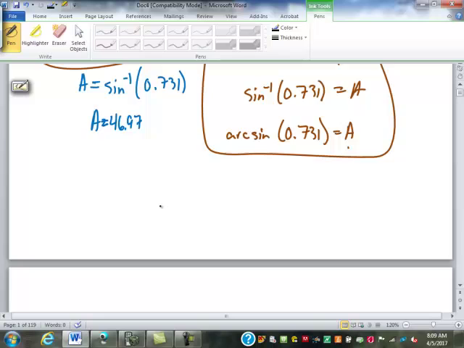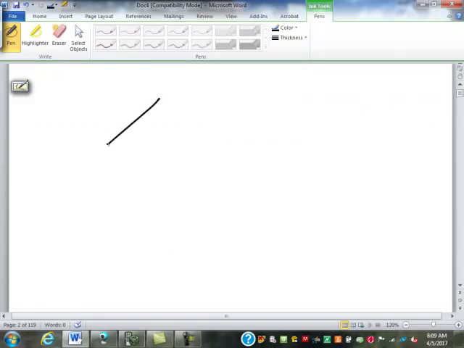From a triangle, I give you angles A, B, and C, and I give you sides of 8, 15, and 17. We need to be able to find the trig function for each angle.